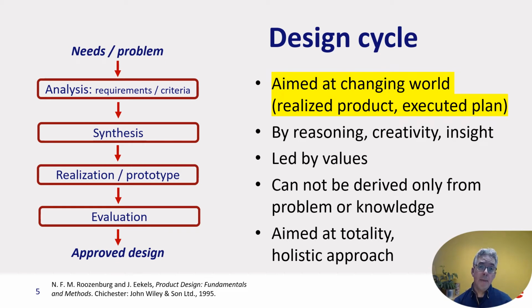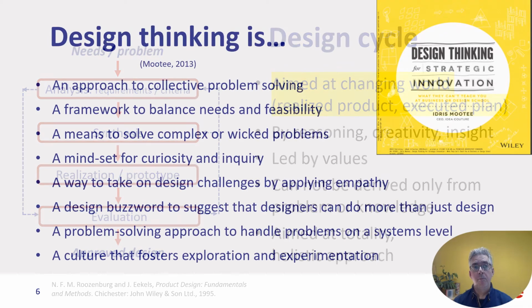And the aim is at the totality, it's a holistic approach. You need to have a whole solution and not just identify or understand a single aspect of it. And just as in the research cycle, the design cycle is an iterative process where you have multiple starting points, multiple feedback loops, and that you can run through multiple times in order to achieve the best possible product.